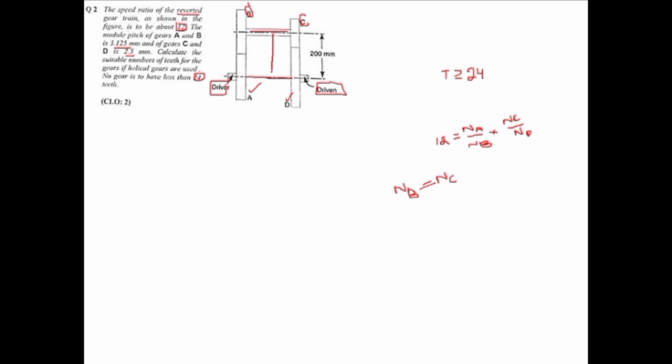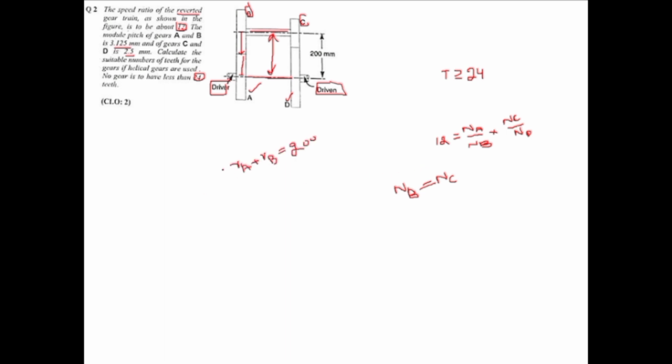If you see over here, the distance between the two shafts upon which the gears are mounted is equal to 200 millimeter, which is equal to the sum of the two gear radiuses. This is the radius of gear B and this is the radius of gear A. So the sum of the radius of gear A and gear B will be equal to 200 millimeters.